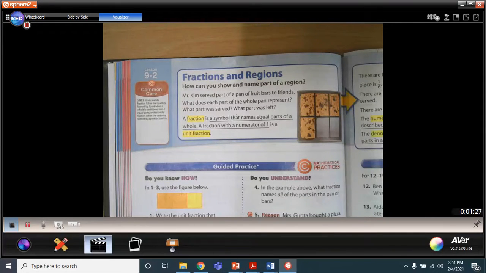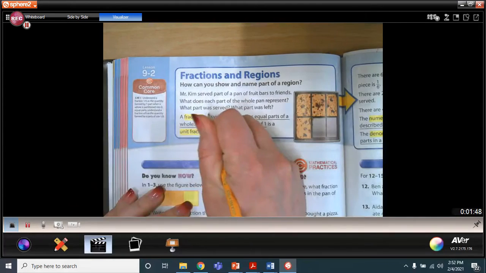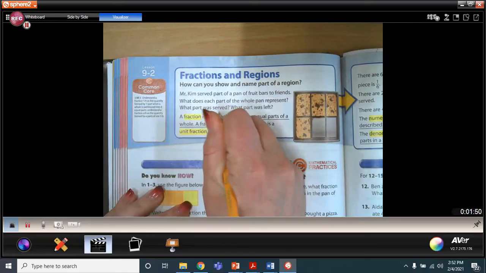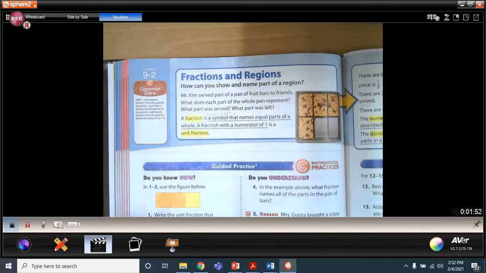If I said 2, everybody would understand that 2 oranges or 2 bananas or 2 glasses would be a symbol for that amount or that value or that quantity. So when we say a fraction is a symbol, we actually could also put in there it's a number that represents part of a whole number.